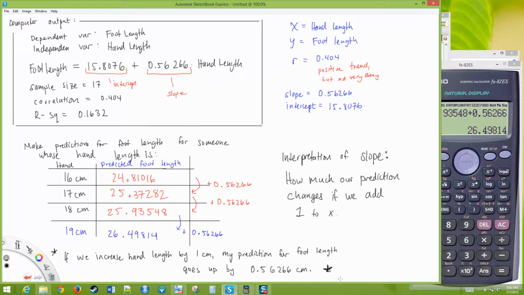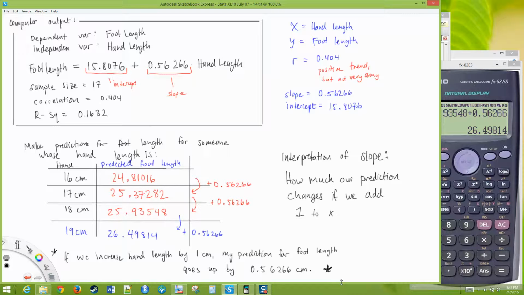Okay. So that is the interpretation of the slope. Just want you guys to read that over, make sure it makes sense in your brain here.